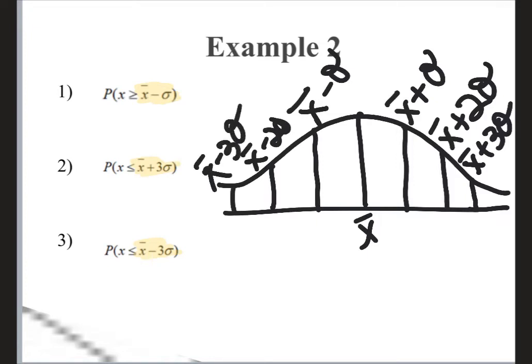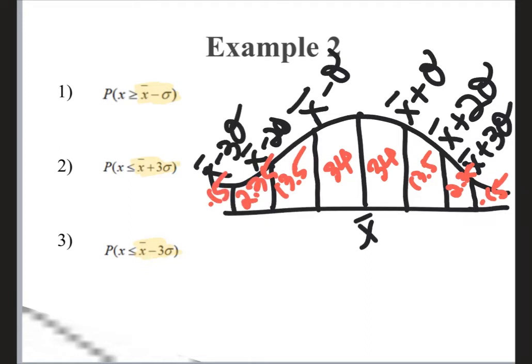Okay? So here, when I'm asking, now I could also label 34, 34, 13.5, 13.5, 2.35, 0.15, 2.35, 0.15, okay?